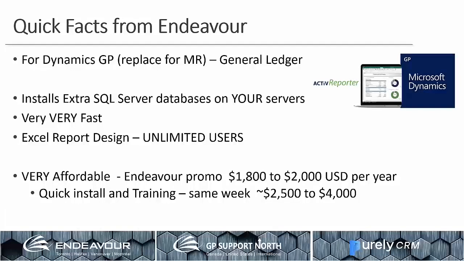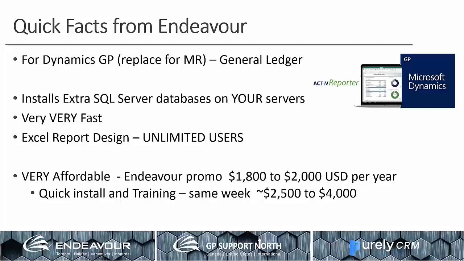And then we look at the implementation fees and the acquisition. So the acquisition, you're in the $2,000 range per year. That's a big difference than a subscription at $20,000 or $10,000. $2,000 per year makes this very affordable and something that's easy and not too intimidating, especially since you can migrate your Management Reporter reports into ActivReporter.